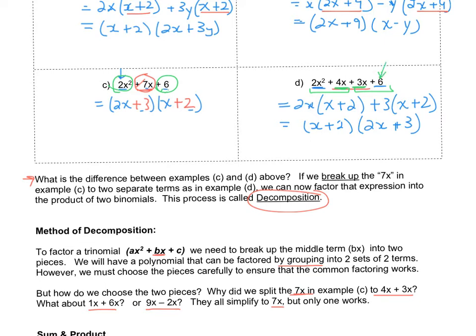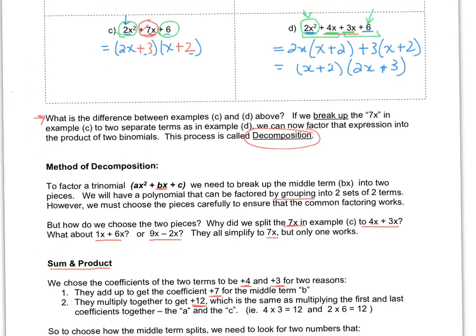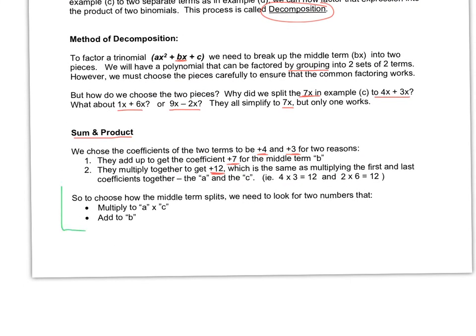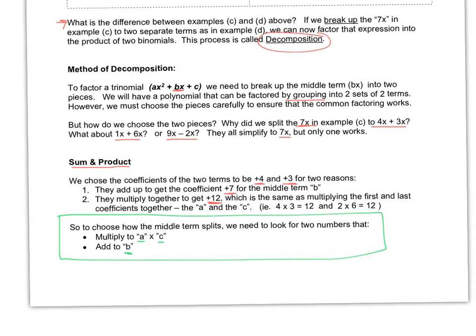We want to find two numbers that add to the middle term, but at the same time multiply to the product of the outsides. So to choose how the middle term splits up, we need to look for two numbers that multiply to whatever you get when you do A times C, and at the same time those two numbers have to add to B.